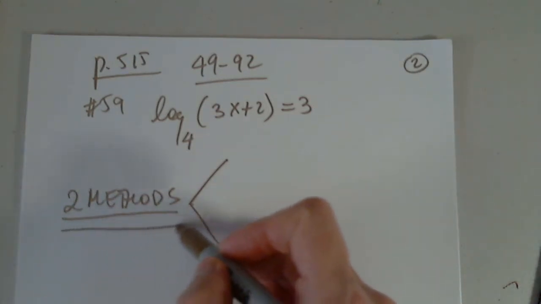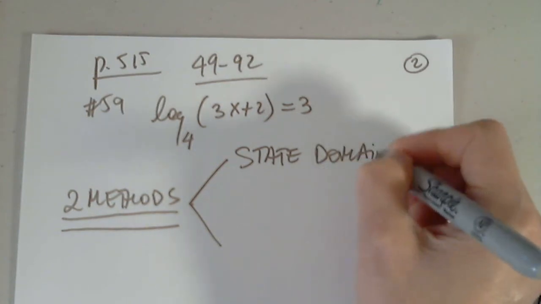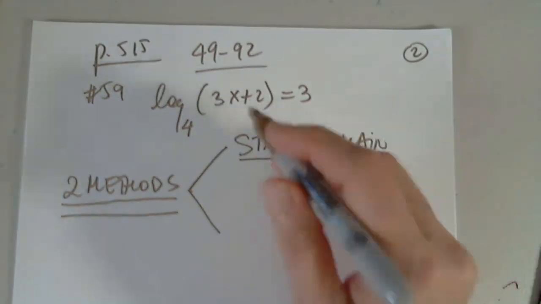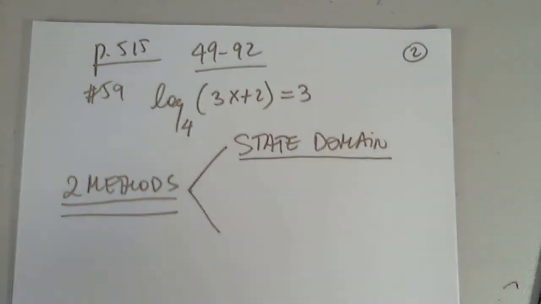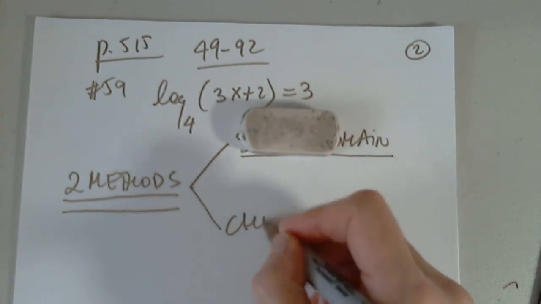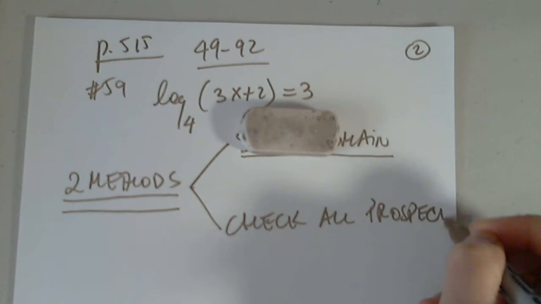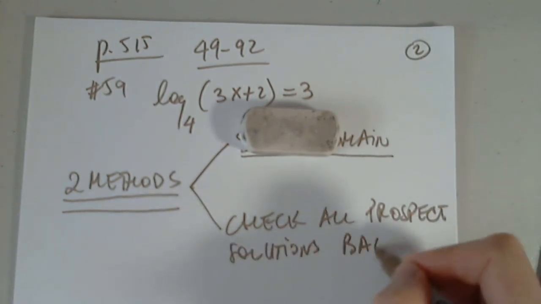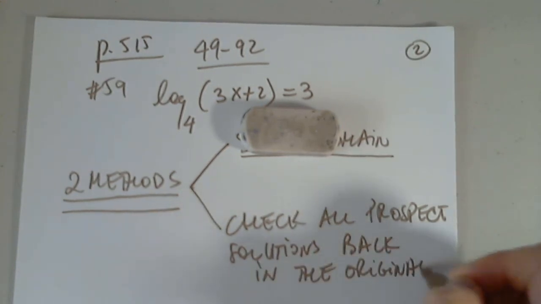By two methods, I mean I either state domain, like we did with rational equations, and then go back and check, or you say, I don't want to state domain, but I promise to check all prospective solutions back in the original equation.